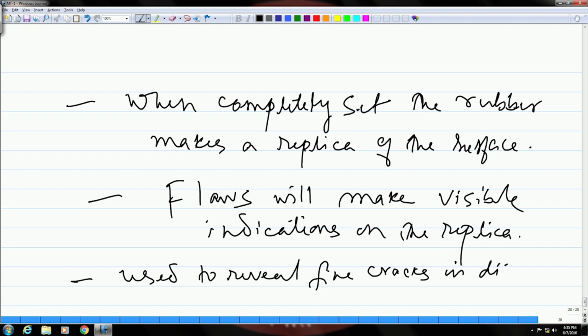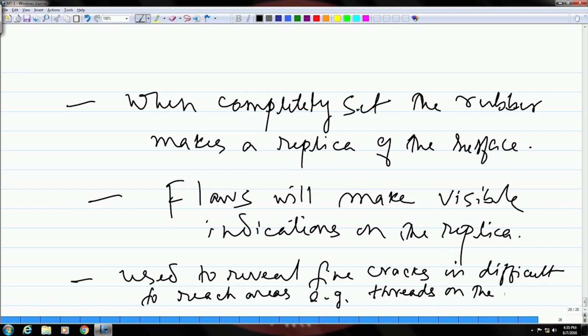In difficult to reach areas, like I mentioned. For example, threads on the inner dia of bolt holes.